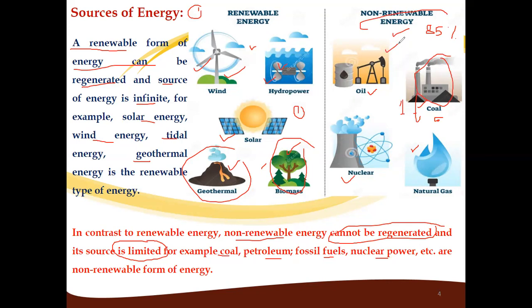Then we have natural gas, the next form of non-renewable energy. Natural gas production is a byproduct of the oil recovery process, and they commonly share underground reservoirs. Natural gas is a mixture of gases, the most common being methane, CH4. It also contains ethane, propane, and butane.